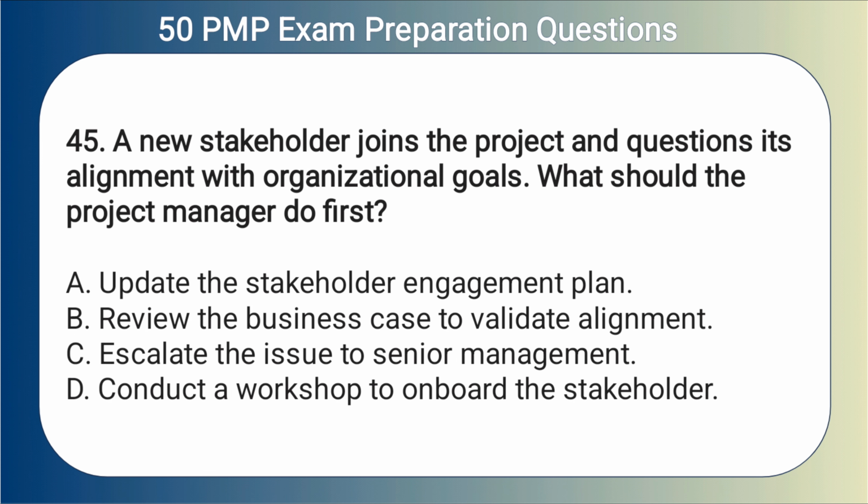45. A new stakeholder joins the project and questions its alignment with organizational goals. What should the project manager do first? A. Update the stakeholder engagement plan. B. Review the business case to validate alignment. C. Escalate the issue to senior management.